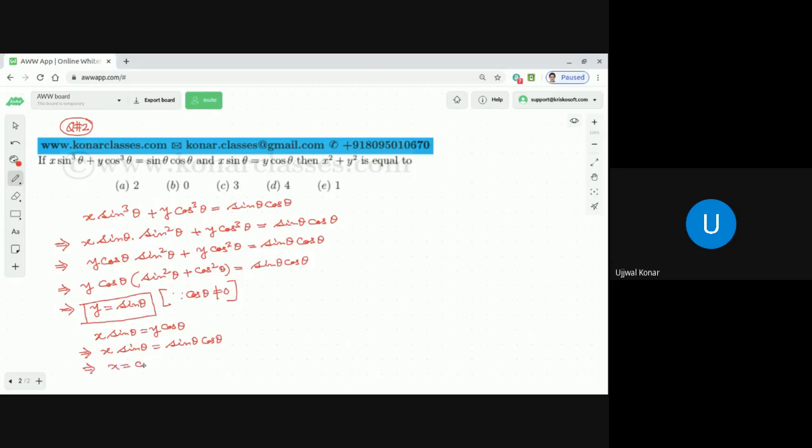So x equal to cos theta, since sin theta is not equal to 0. So from these two, if you take x square plus y square, it is equal to sin square theta plus cos square theta is equal to 1, and eventually we get the correct option as E. Good.